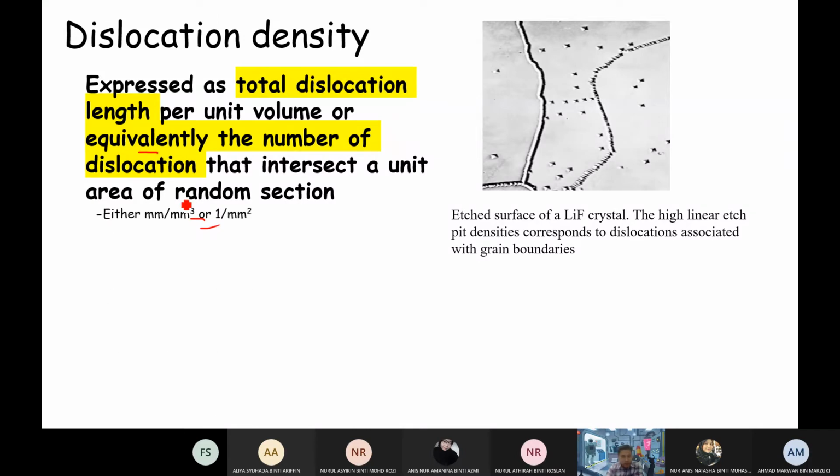So dislocation density unit here can be either millimeter per millimeter cube or 1 per millimeter squared, and can be as low as 10 to the power of 3 per millimeter squared for ceramic.